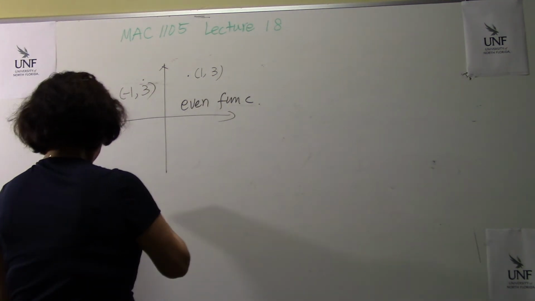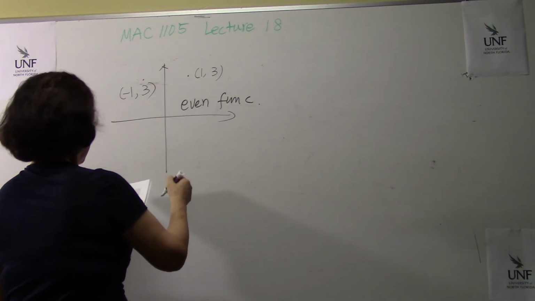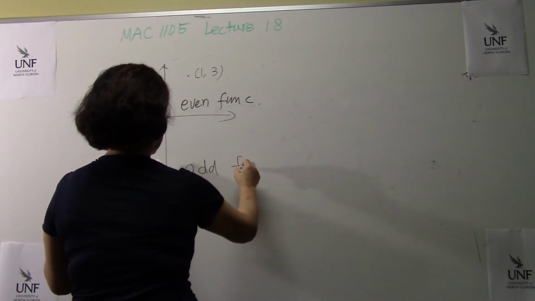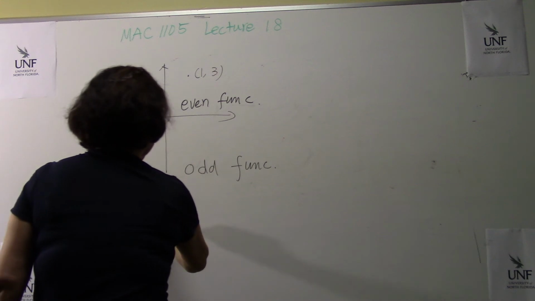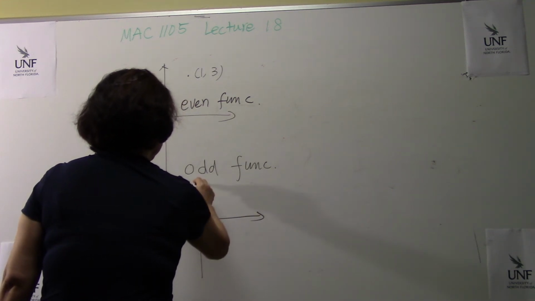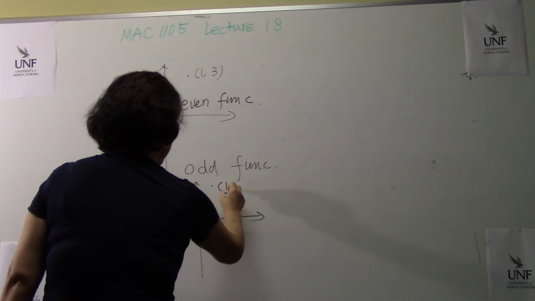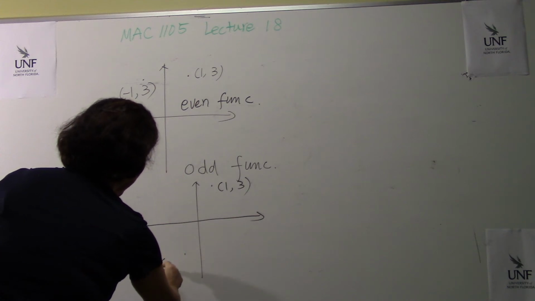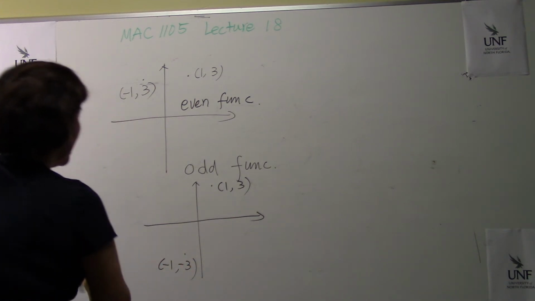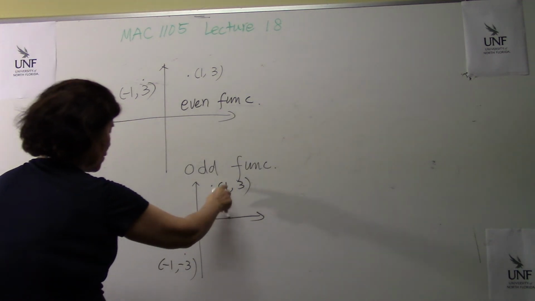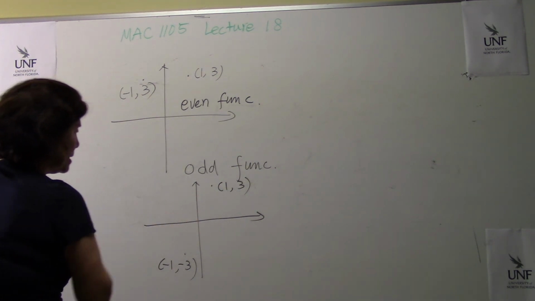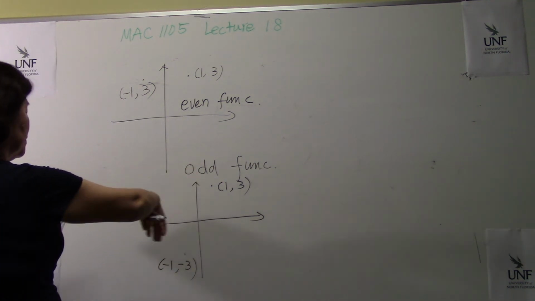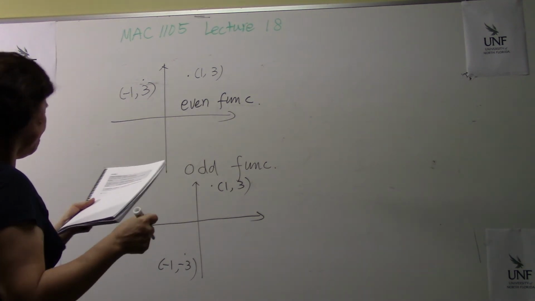And the odd function case, I'm going to use the same point. So same point over here, 1, 3. So this time it will go to -1, -3. Both x and y are opposite. That will give you the graph of an odd function.